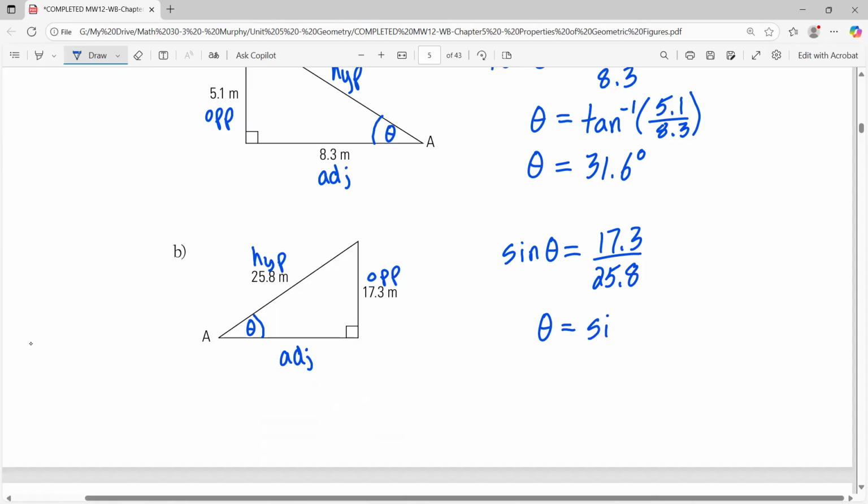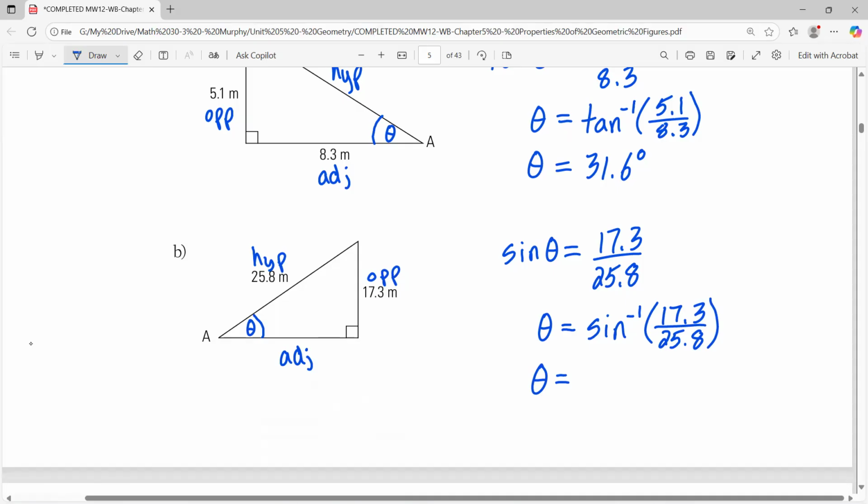And I'm going to go second function sine in my calculator and go 17.3 divided by 25.8. Close off the bracket in your calculator and hit enter. So 17.3 divided by 25.8, and we get 42.1.